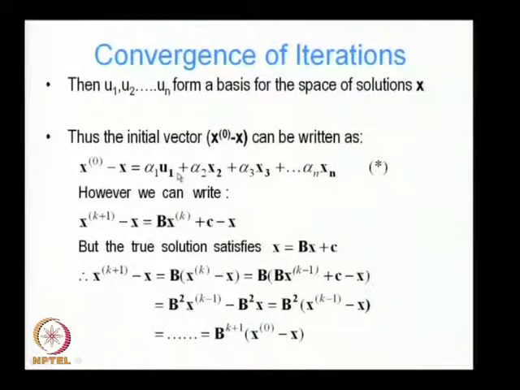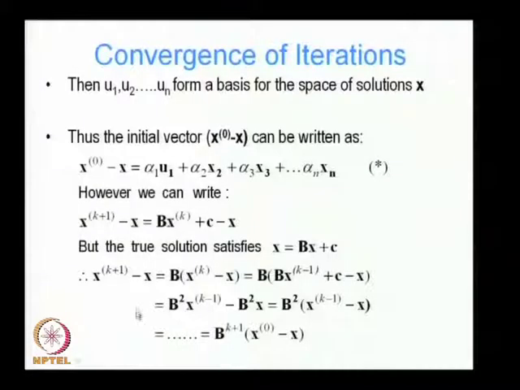Recall u1 are the eigenvectors of B. So, B operating on u1 is going to give me the corresponding eigenvalue times u1. If I denote the eigenvalue by lambda 1, B operating on u1 is going to give me lambda 1 u1. Similarly, B^k operating on u1 is going to give me lambda 1 to the power k times u1.